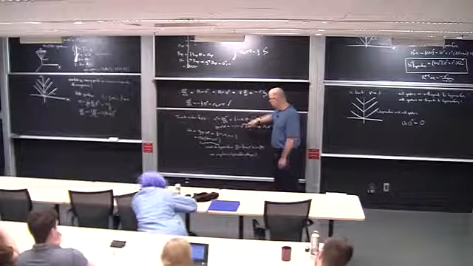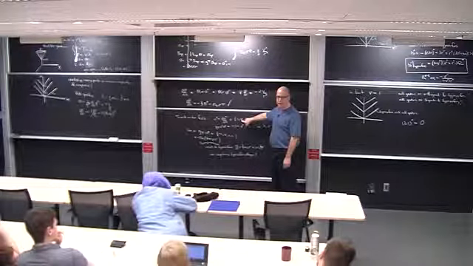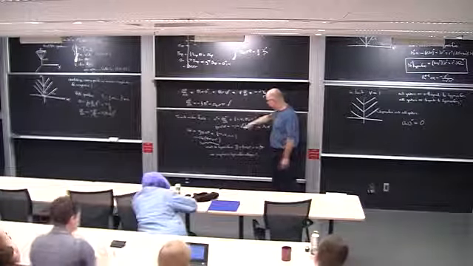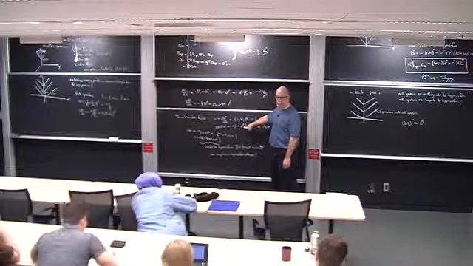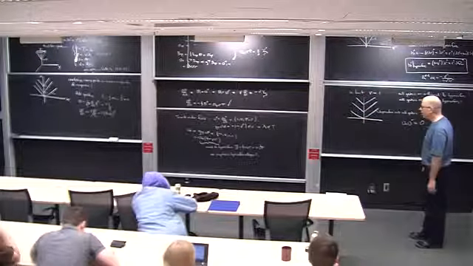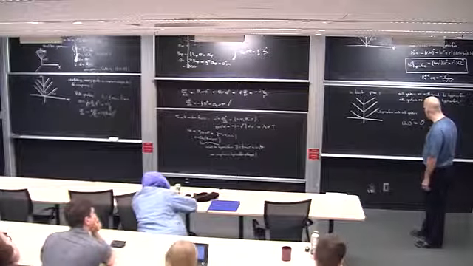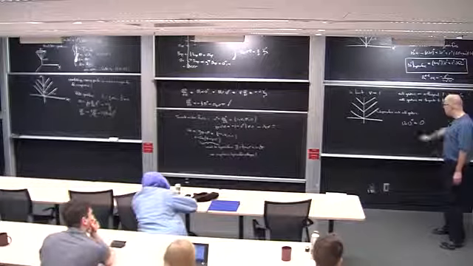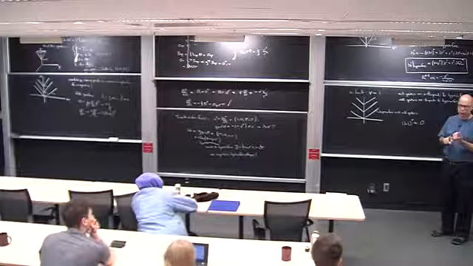So the reason I didn't normalize my vector field is because I wanted to be able to take that limit easily. As v goes to 1, there's certainly nothing wrong going on at the level of the tangent vector field. If I tried to normalize it, then my normalization would become singular in that limit, so that's why I didn't do that. But certainly the limit of the vector u is well defined in the null case when v goes to 1, and we get a normalization that's 0 in that case. And that's the statement that a vector can be orthogonal to itself, and that's very weird, but it's true.